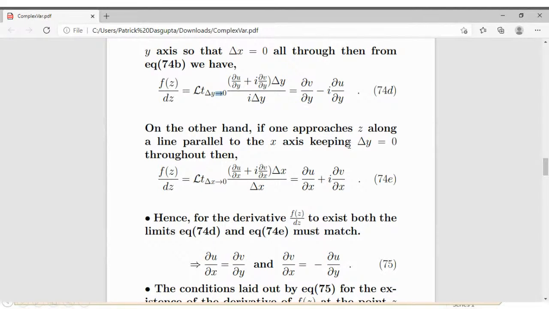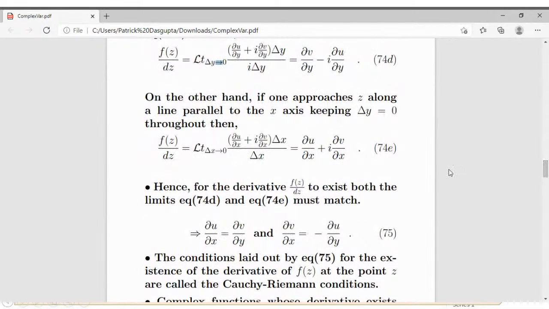But that means the real part of the right hand side of equation 74d must be equal to the real part of the right hand side of equation 74e, and similarly the imaginary part of both the equations must also match, and hence we get the equations that del u by del x is equal to del v by del y and del v by del x is equal to minus del u by del y.